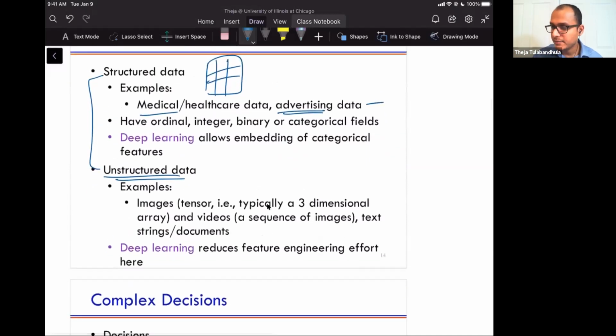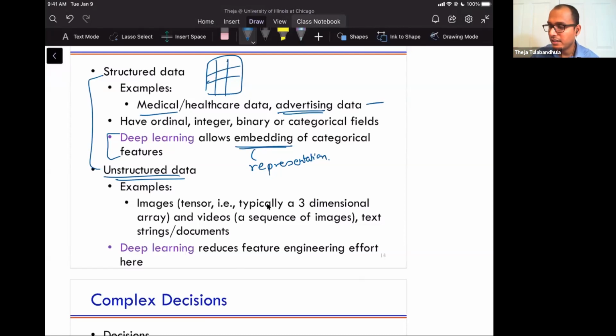But even with structured data, although that's not to say it's the initial forte which made deep learning famous, deep learning still allows for something, and that is what is called embedding or representation of the categorical features. One example, as a teaser, is related to text. Previously you would represent, let's say, a sentence using bag of words, where there'll be an indicator, like a 1 if a word is present, and if some other word is not present, there'll be a 0 for it, like one hot encoding.